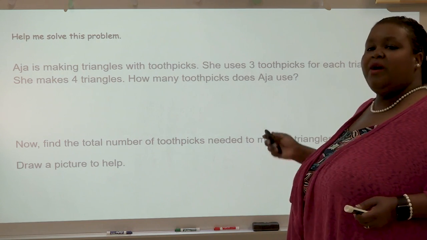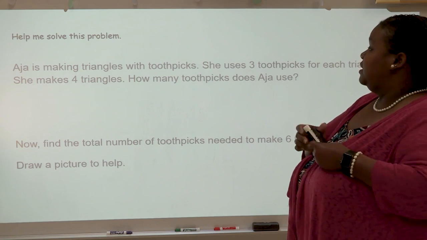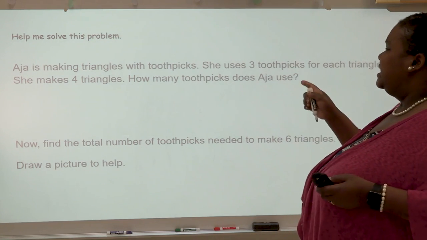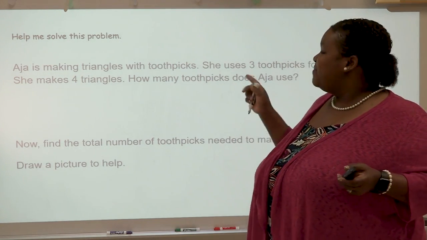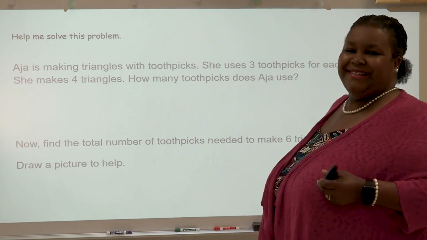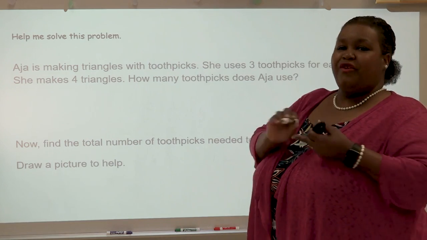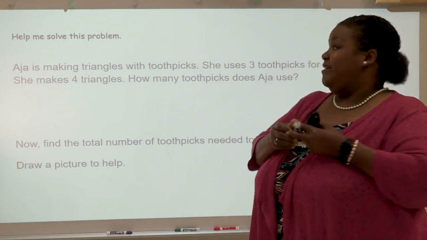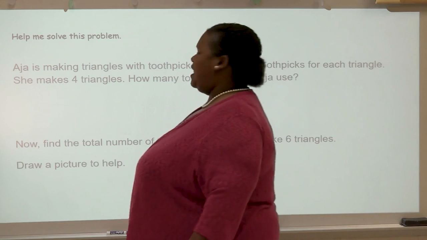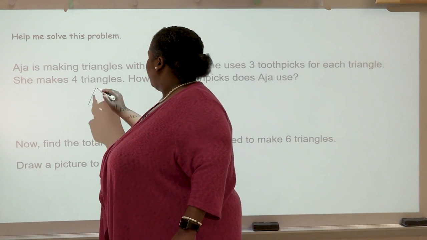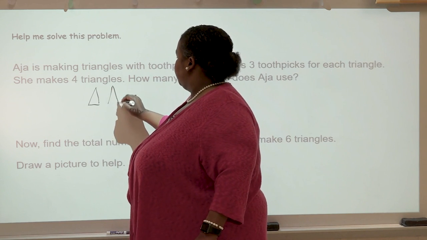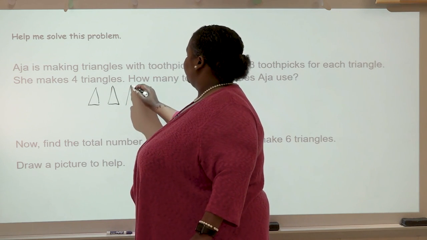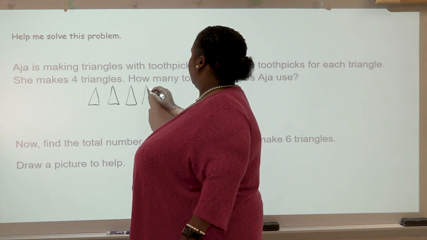I think it would help me by drawing a picture on this one. Let's start off with a picture. Now she's making triangles. Show me with your fingers how many sides a triangle has. And you should be showing me 3. All right? Let me draw my triangles. So 1 triangle, 2 of them, 3 of them, 4 of them.